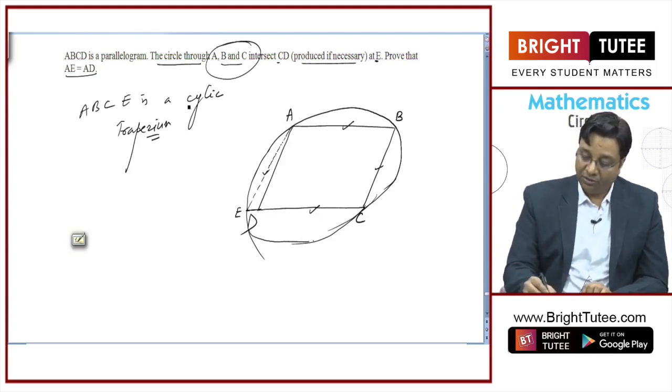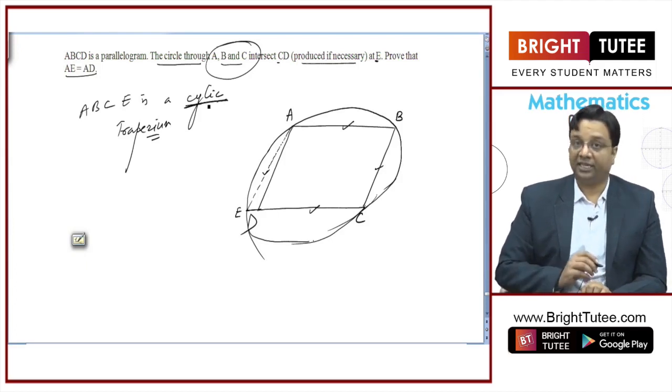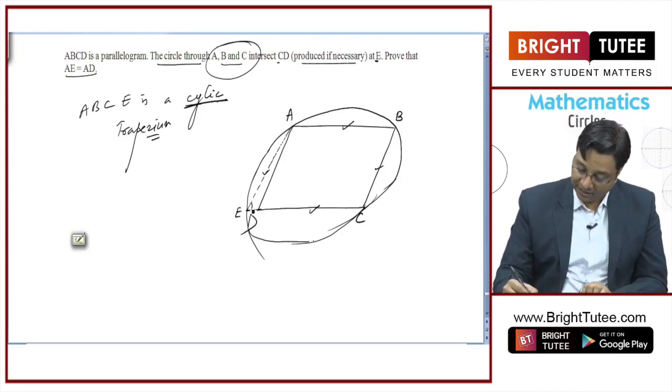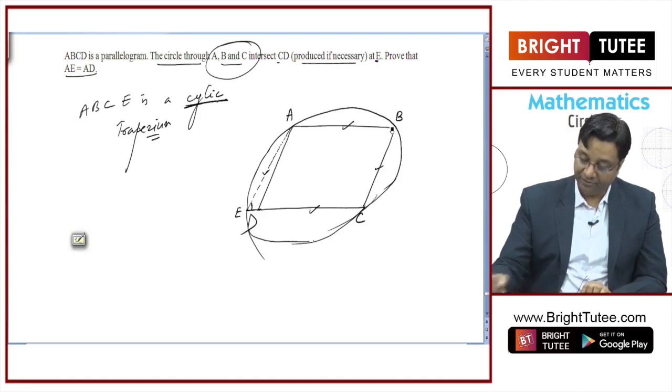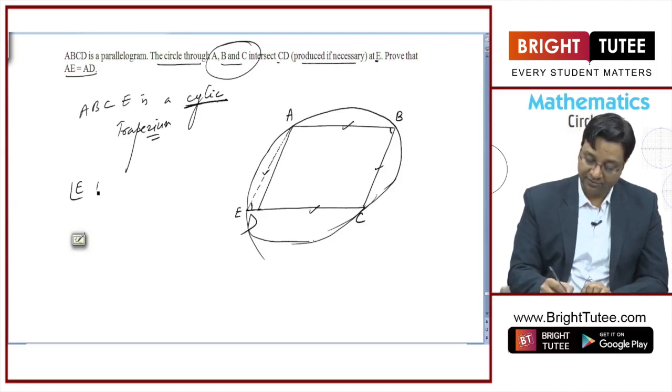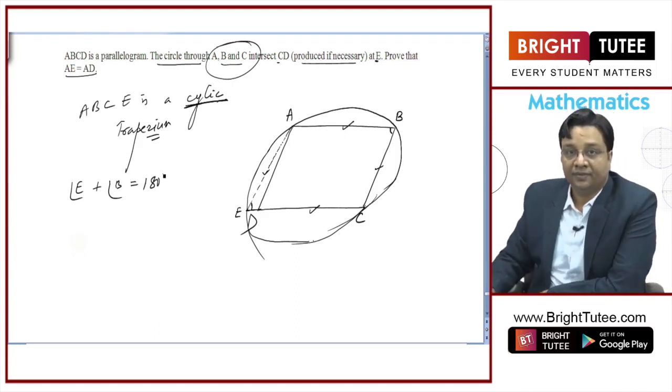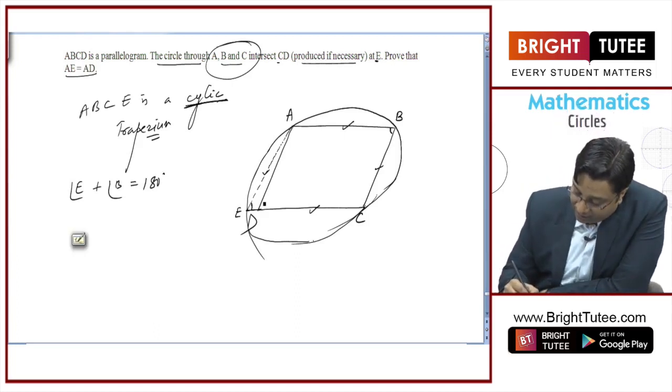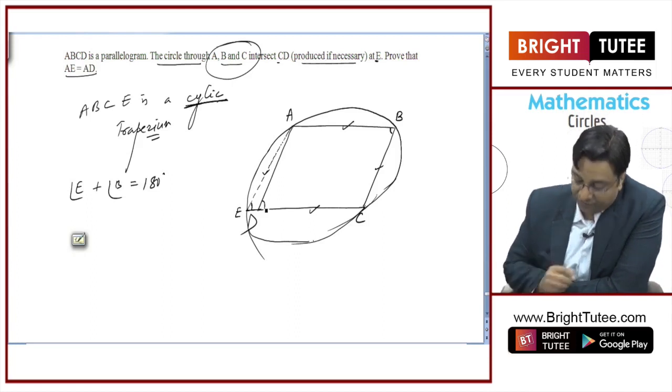So we will use two properties, that it is cyclic. So this angle here, angle E and angle B, sum of these angles is equal to 180 degrees, right? And another property that I am going to use here is of the parallelogram.